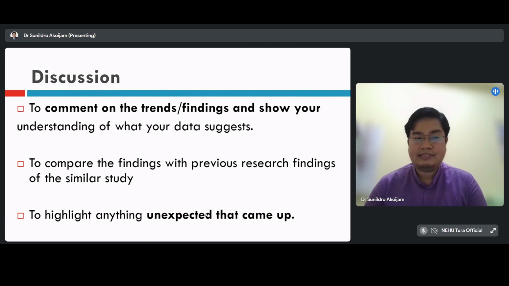In this section, you're commenting on the trends, findings, and your understanding of what your data suggests. It's not simply saying that your figures after calculation come to 2.5. When you talk about discussion, you have to explain what that 2.5 indicates and whether it is different or similar to previous studies.